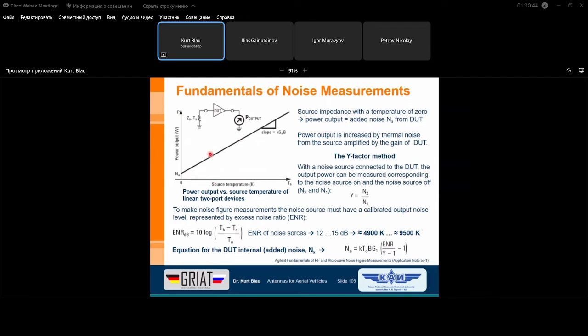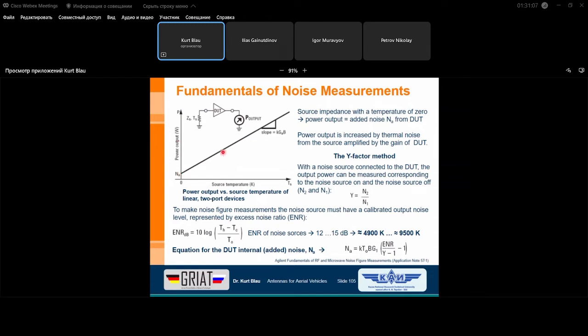We could measure this output power, but it's not only the added output power, it's the output noise power as a sum of the amplified input thermal noise plus the added noise N_A.